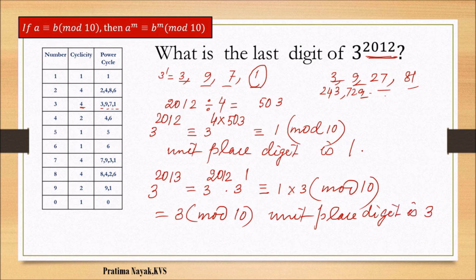Similarly, if it would be 3 to the power 2014, then it will be 9, because 3 to the power 2 is 9. It will be 3 raised to the power 2012 into 3 to the power 2, so 1 multiplied by 9. So 9 modulo 10, the answer is 9.